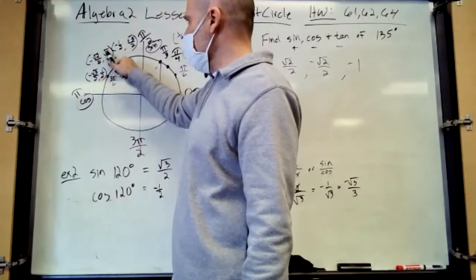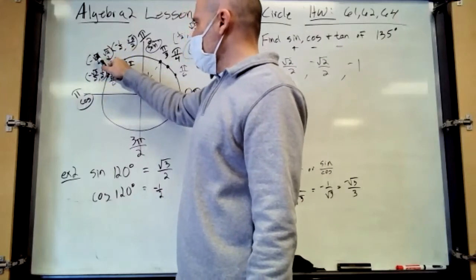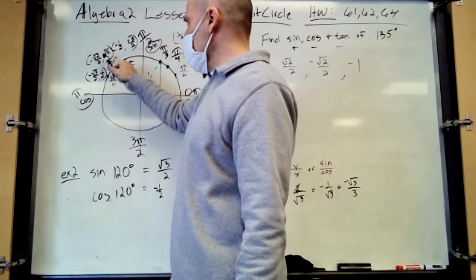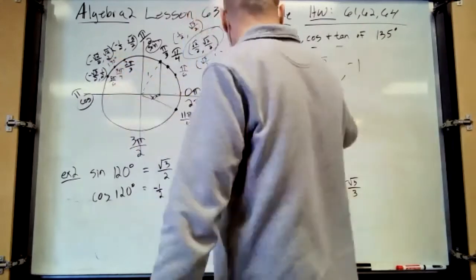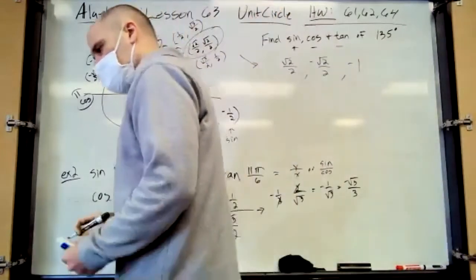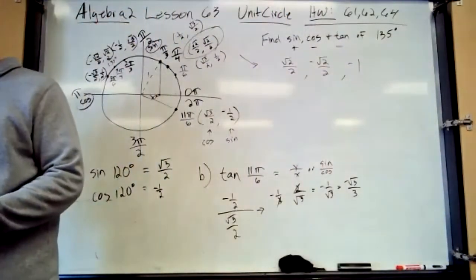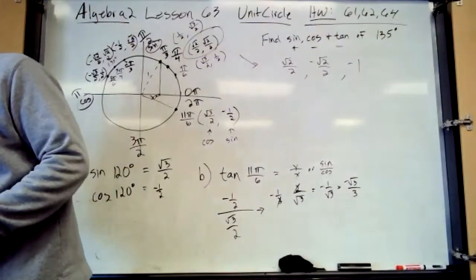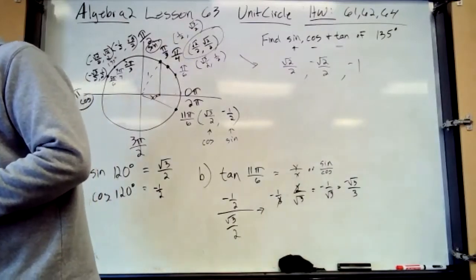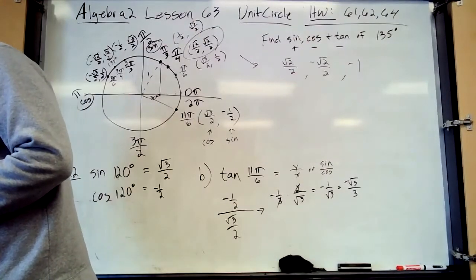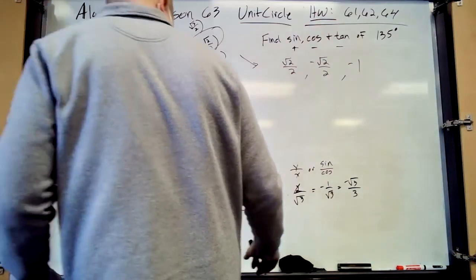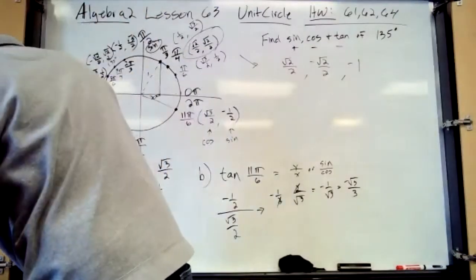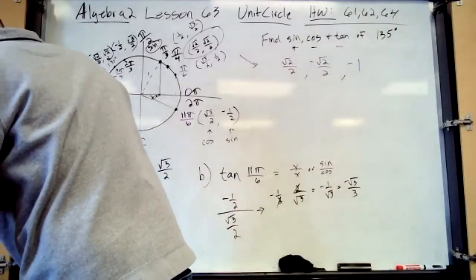Here's my sine, here's my cosine, and then my tangent is going to be this over this, which is the same thing, but positive divided by negative is negative, so negative 1. That's not terrible, right? So this is where this unit circle comes in handy. This makes it nice.